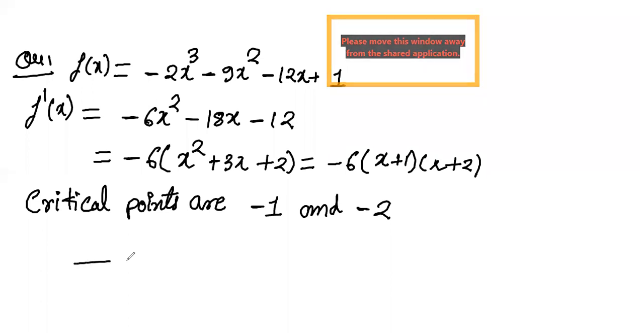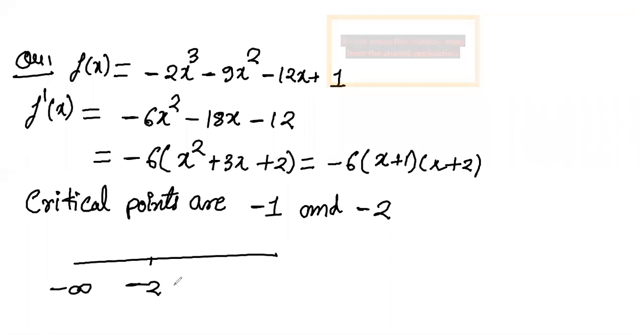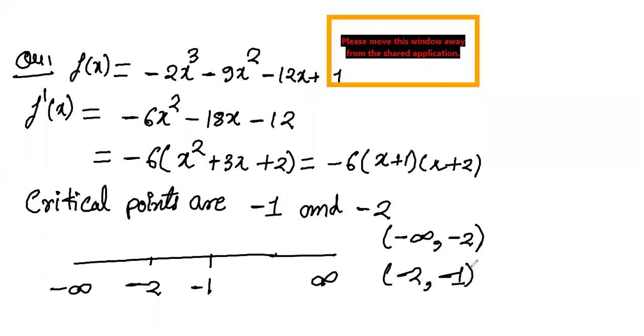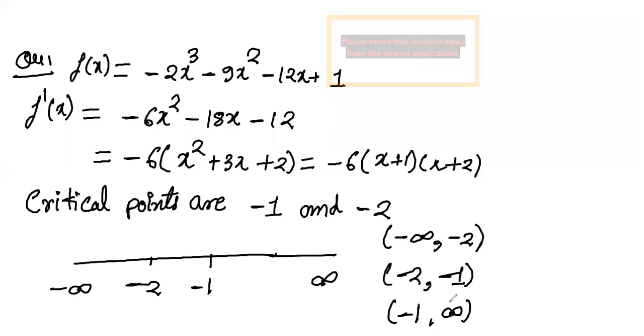So this is minus infinity, then minus 2, then minus 1, and then infinity. So this function will be divided into 3 parts: minus infinity to minus 2, minus 2 to minus 1, and then minus 1 to infinity.